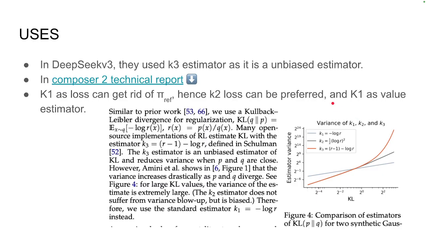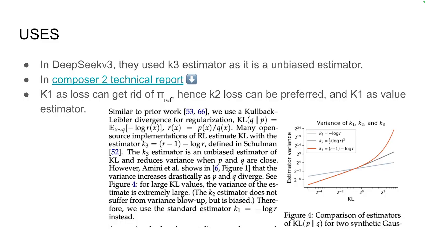But in subsequent papers, like Composer 2 from Cursor, they have a paragraph where they say that the K3 estimator is an unbiased estimator of KL and reduces variance when P and Q are close. However, the variance increases drastically as P and Q diverge. In the chart, you can also see the K3 estimator diverges. So they just use the K1 estimator for controlling the regularization.